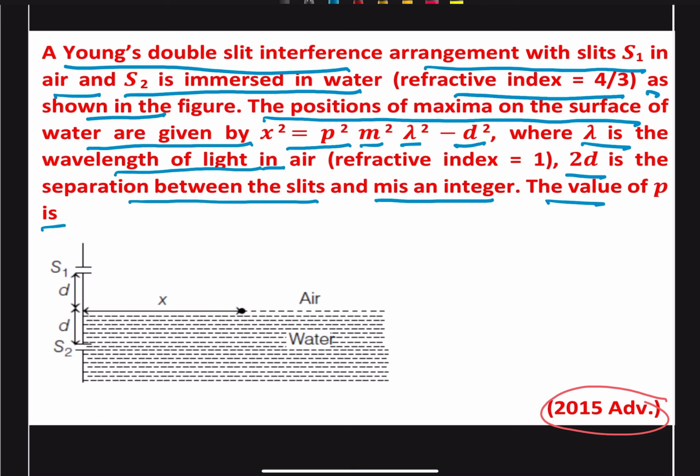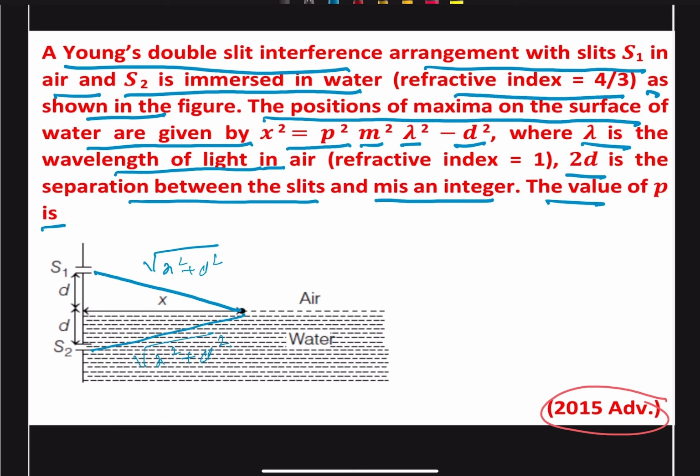So we can say distance is given between the two as d and this is our x. So we can easily say that the distance between these two will be square root of x square plus d square, and the other one will also be square root of x square plus d square.